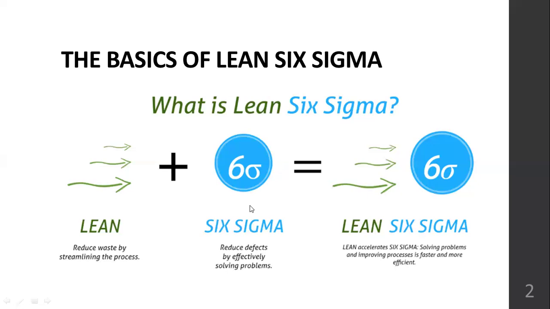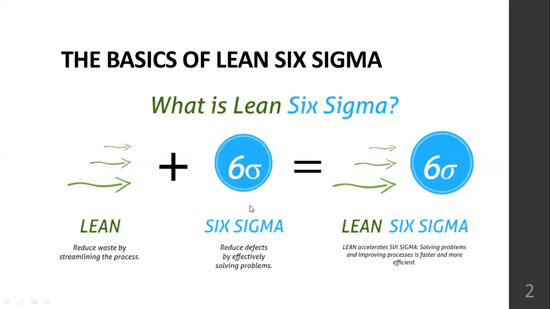Lean accelerates Six Sigma by solving problems and improving the processes. It becomes faster and more efficient. If you are well versed with Lean, your company, your hospital is already doing Lean based management. When you introduce Six Sigma later on, your processes become very fast, very efficient. Lean Six Sigma is a fact based, data driven philosophy of improvement that values defect prevention over defect detection.